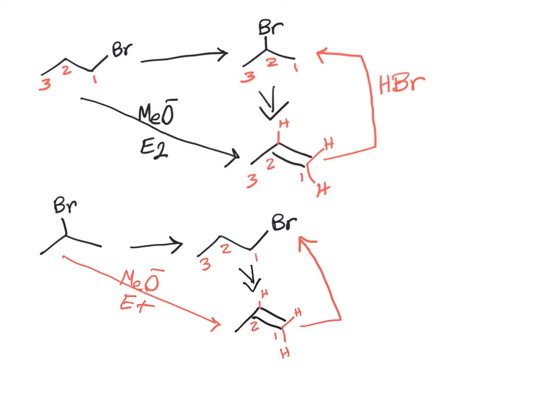So we are adding hydrogen to the carbon with fewer hydrogens and bromine to the carbon with more hydrogens. And this is anti-Markovnikov addition. So we have to use HBr and peroxide.